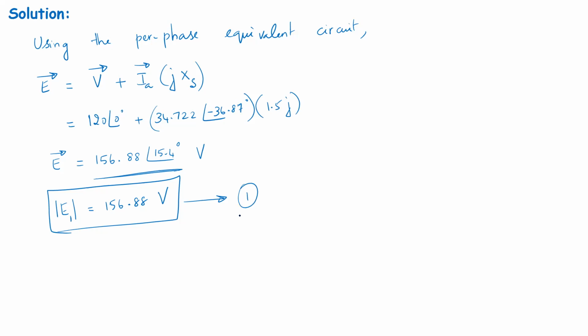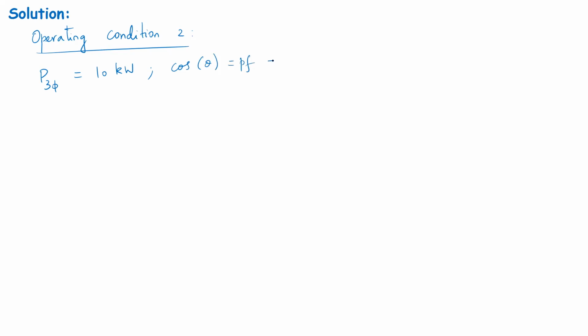I'm going to repeat the procedure for operating condition 2. Under this operating condition, P3 phase is still 10 kilowatts, as specified in the problem, and the power factor cos theta is 1. So using the same equations, I can solve for my current under this new operating condition.